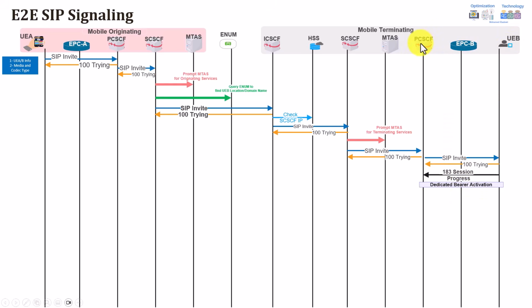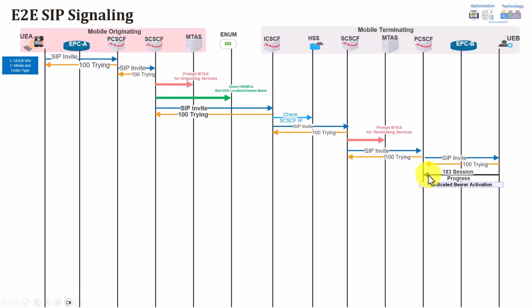So it will start communicating with the EPC. First it needs to communicate with the PCRF, the policy and charging center, just to start the provisioning. We will go through the details later. In general, as a summary, it will start the dedicated bearer for this mobile terminating.